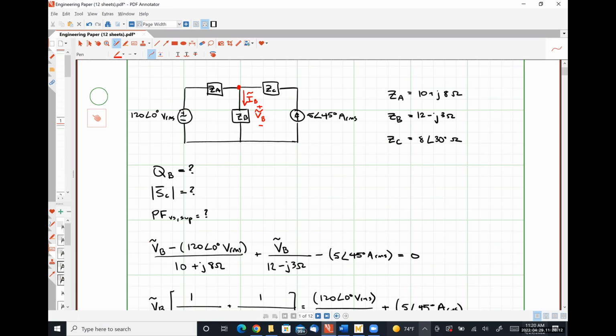So what Noah suggested is that we know the current that's flowing into impedance ZC already, so we don't even have to do any work at all if we use the alternative relationship for when the current is known. You're 100% correct. The apparent power is just the magnitude of the complex power.